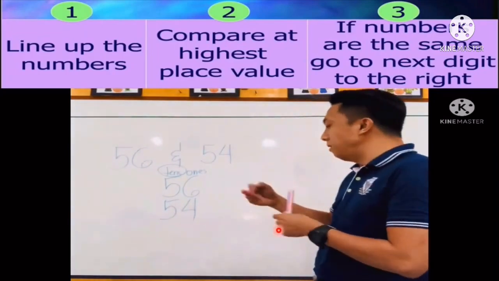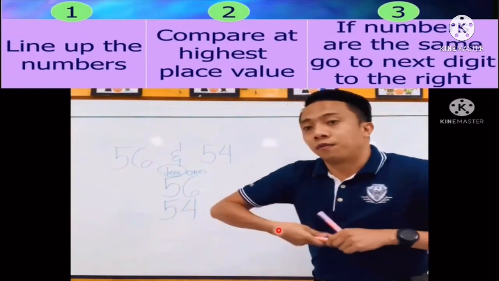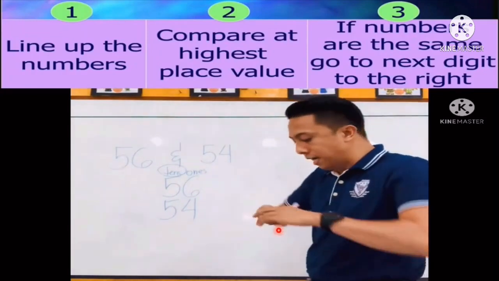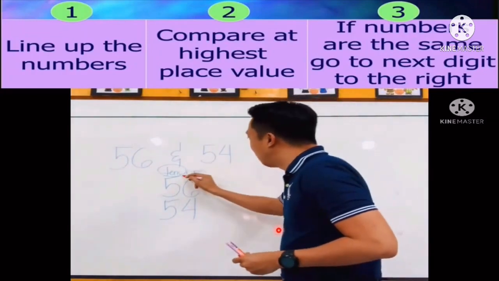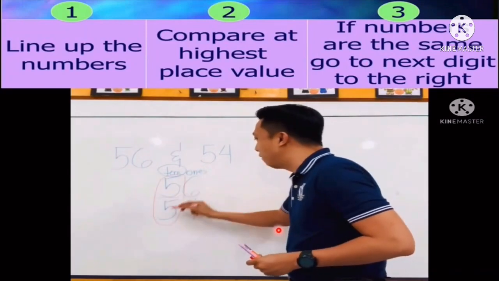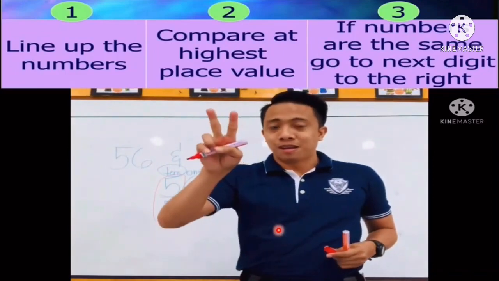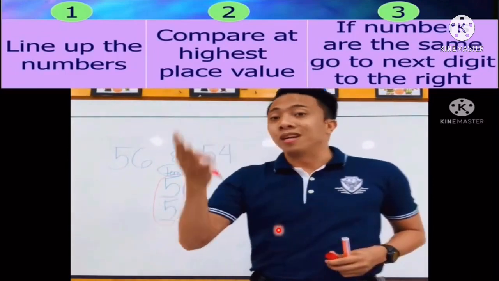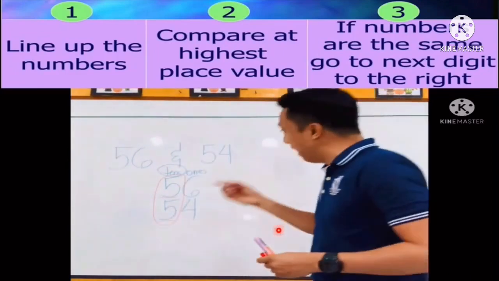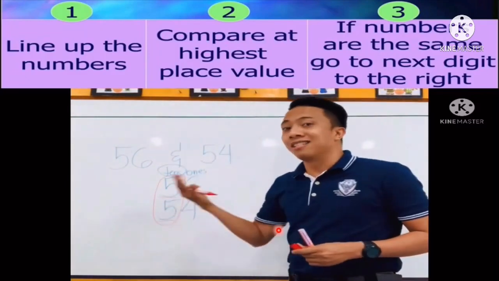So we will concentrate on those first two numbers. This one. We have the digits 5 and 5. That's our second step.